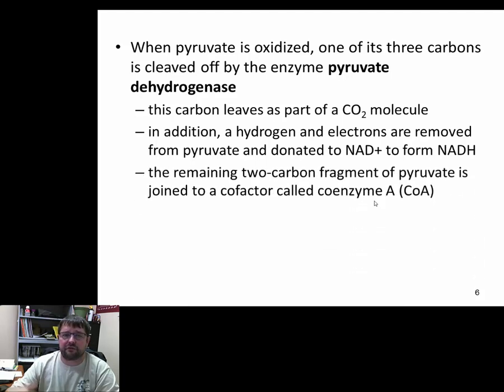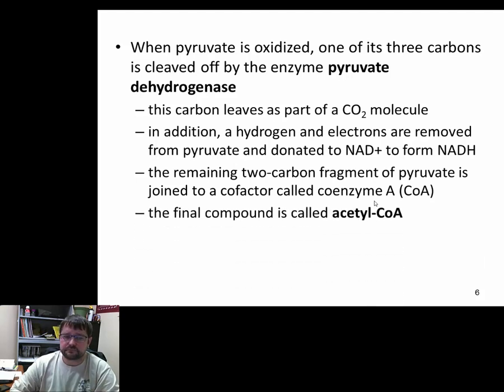And then you have a remaining 2 carbon molecule, which is going to be bound to a coenzyme A, or what we call CoA. That's just a carrier molecule, and it allows it to move into the Krebs cycle.